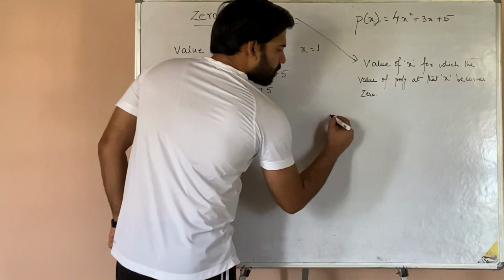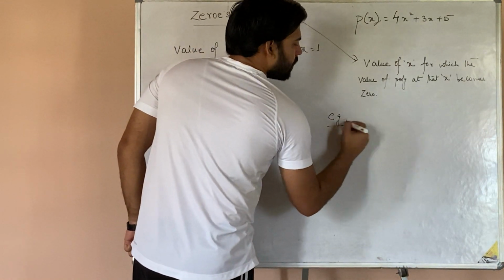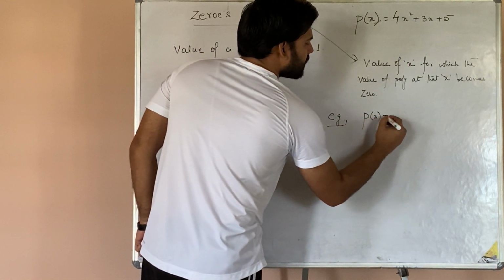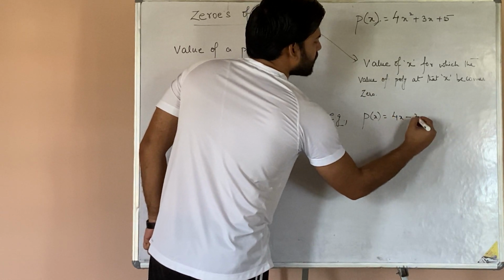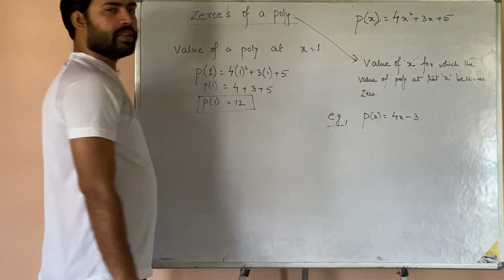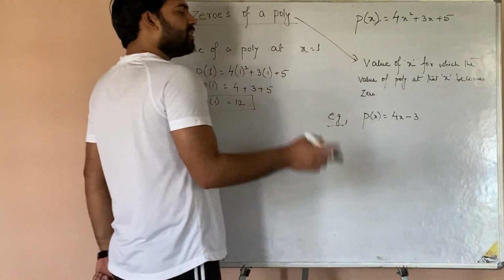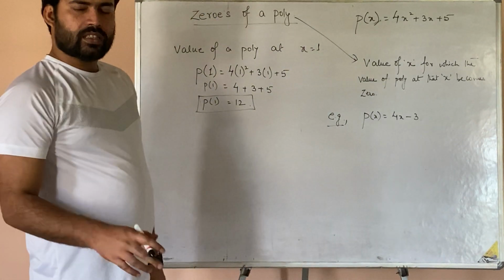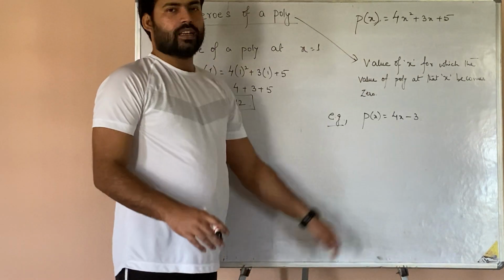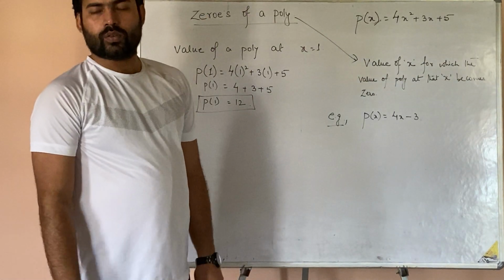Now let me take an example. If I have p of x as 4x minus 3, what I need to do is find out the value of that x by putting which the value of this whole thing comes out to be 0.